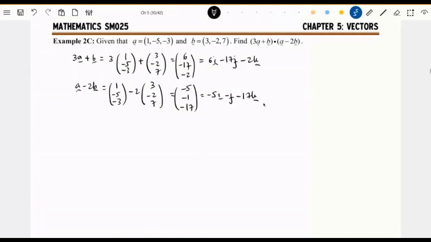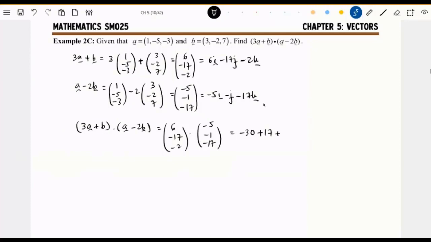Now, in order to multiply these two brackets, we can use the dot product or column matrix multiplication as well. So we end up with negative 30 plus 17 plus 34.